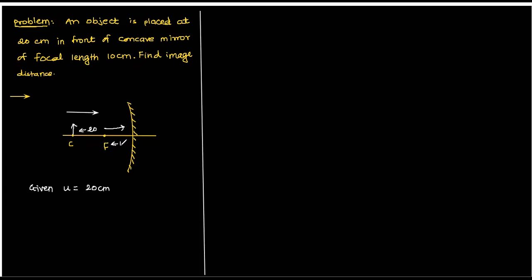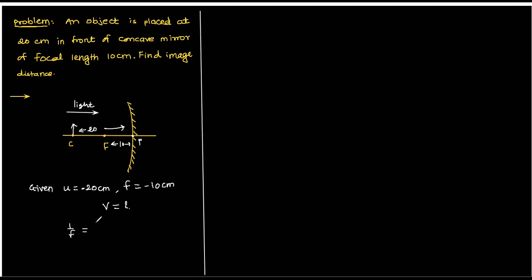This one is what, 10, right? So u is negative or positive? Negative. Why? Because light is falling here, and you are measuring distances from pole to this side. So that's why this is minus 20. Next one, f is given. F is also minus 10 centimeter, and he is asking v. Don't keep sign for v.